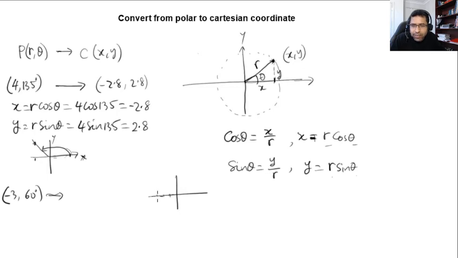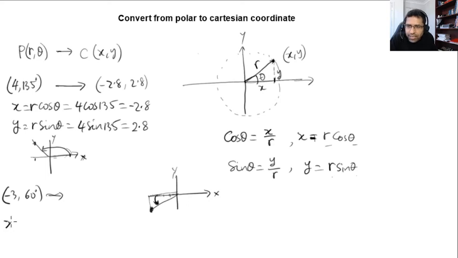A positive angle goes in the anti-clockwise direction, so from here to here, and we are expecting x to be negative and y also negative. So let's see if we get negative x and negative y.